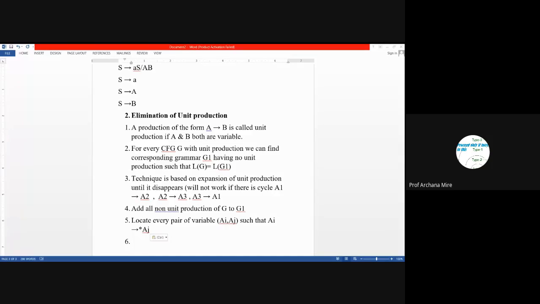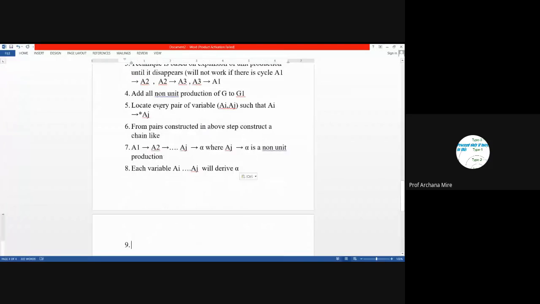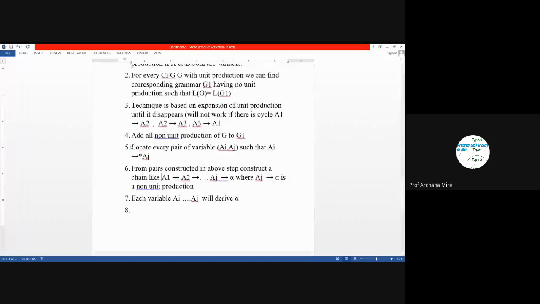From the pairs constructed in the above step, construct a chain like A1 leading to A2, A2 leading to AJ, leading to alpha.